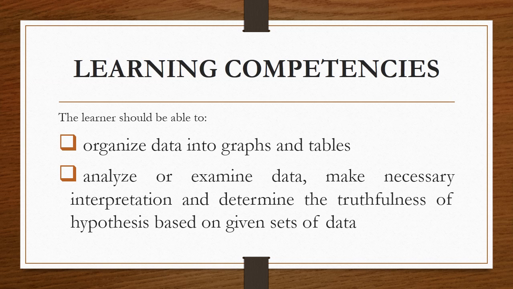Number 1, curiosity, and being objective as well in making all of these tasks. So I hope and I pray that you can make it by applying all the lessons that you have in the first quarter and in the second quarter, because in the third quarter it's more on applications of what you have learned from your previous lessons.